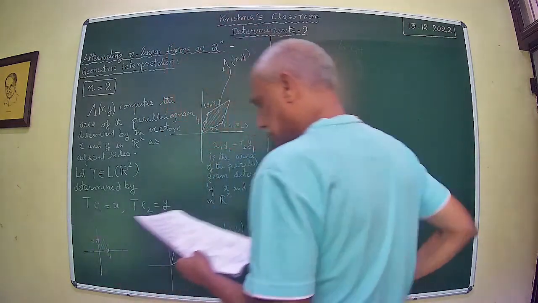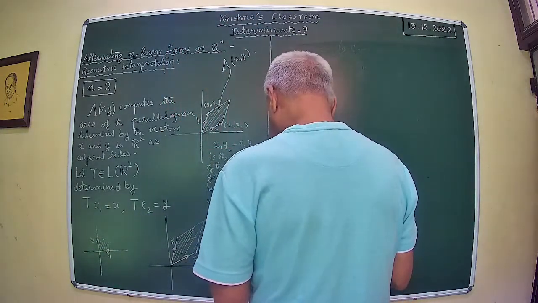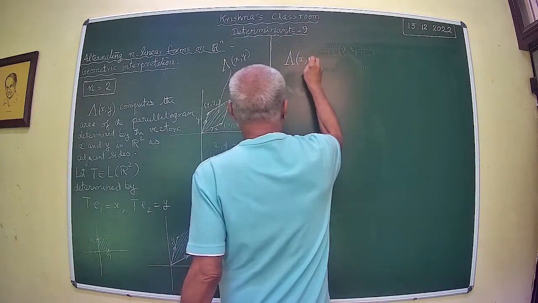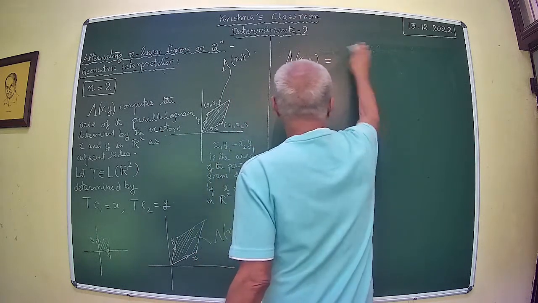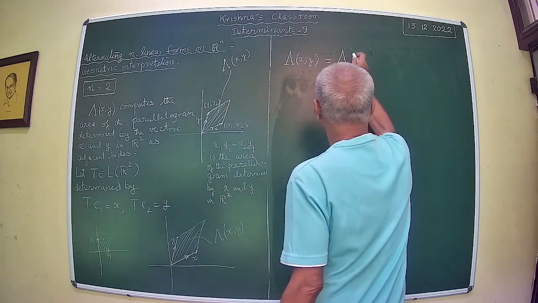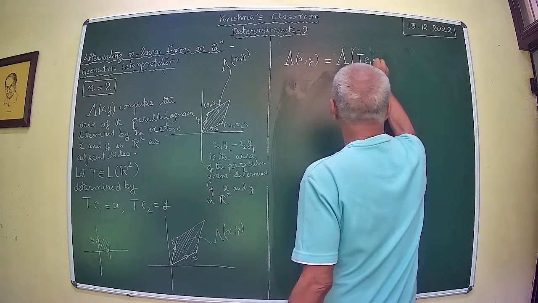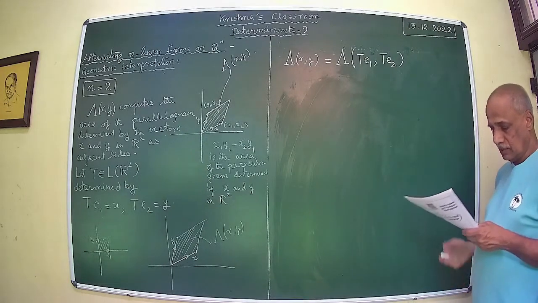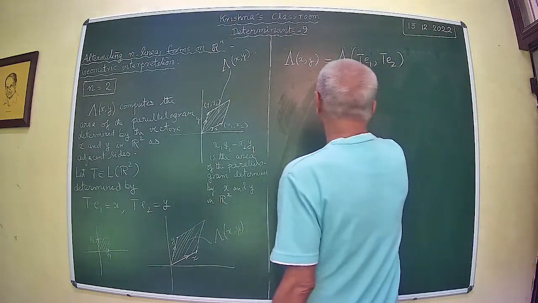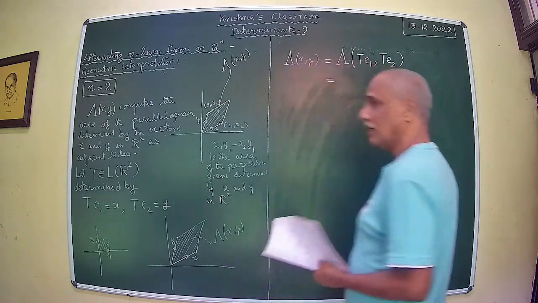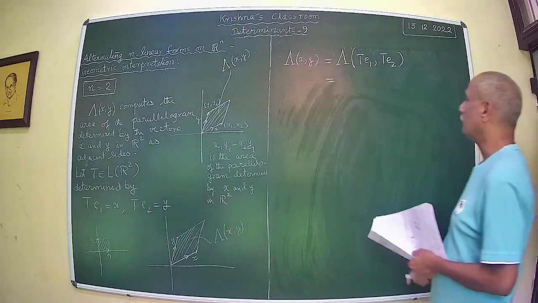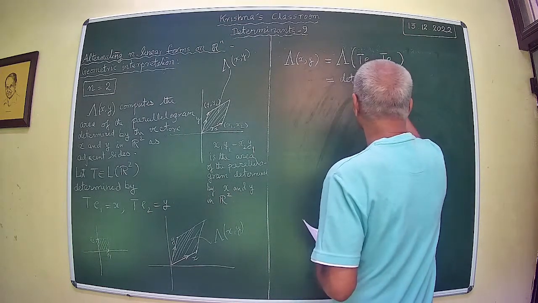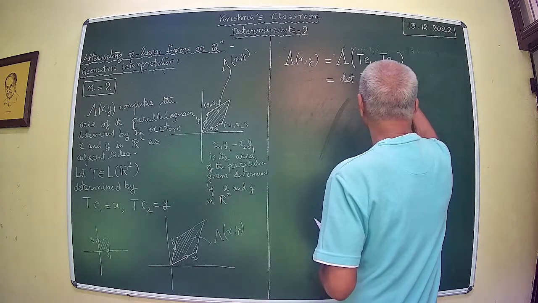Now you see that lambda of X, Y is equal to lambda of TE1, TE2. And this we have seen, that lambda is an alternating two linear form. Therefore, this is equal to determinant of T into lambda of E1, E2.